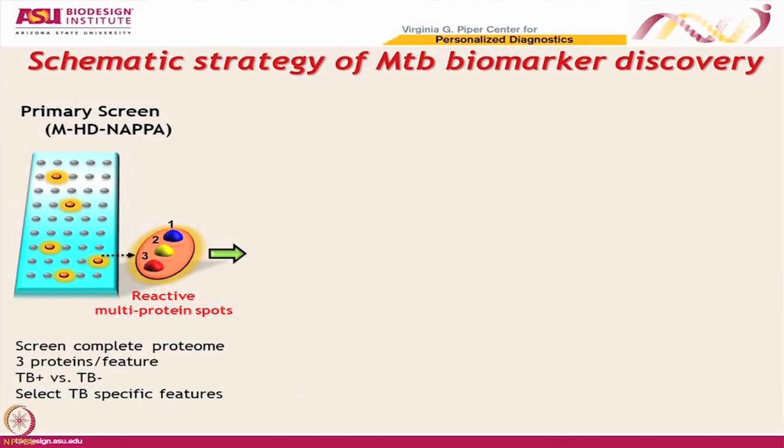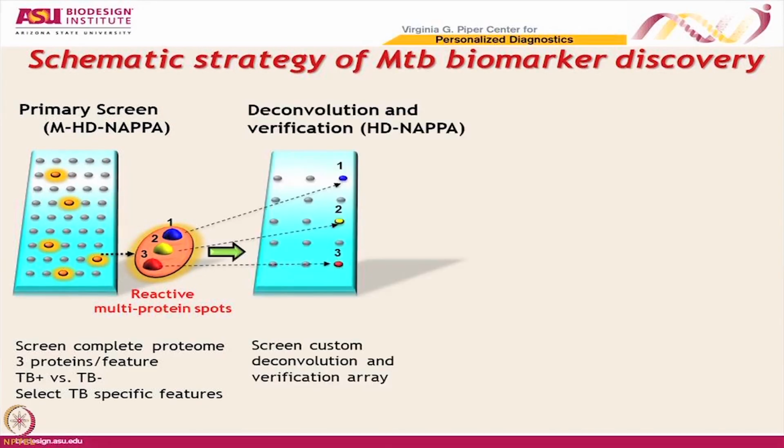And then we screened that with TB sera and positive disease and healthier individual disease, compared that. When we got a hit, we took that hit and we divided it into 3 individual spots in that secondary verification and deconvolution array.